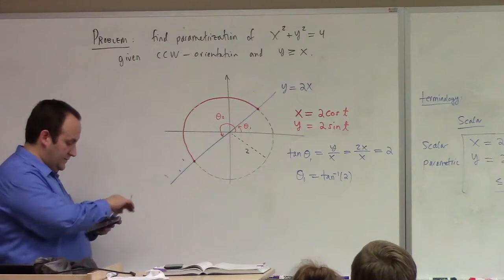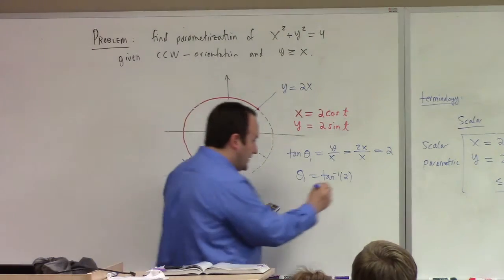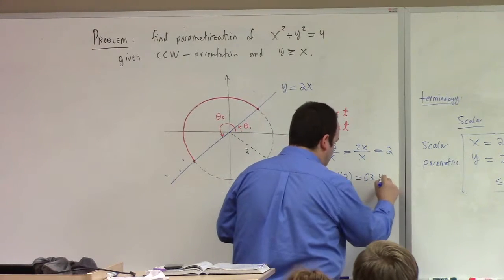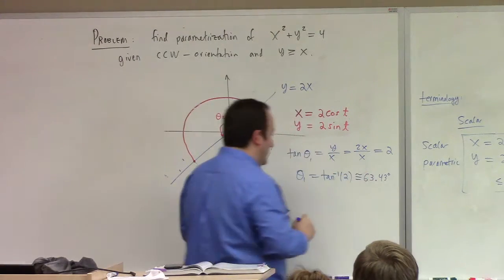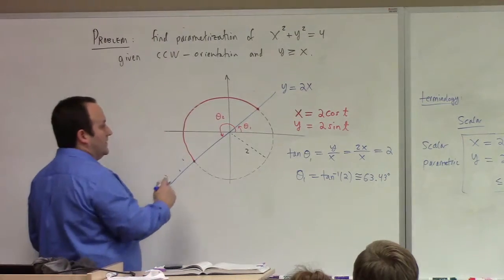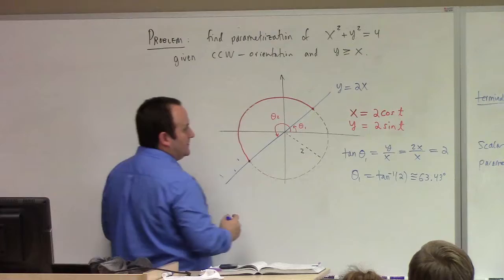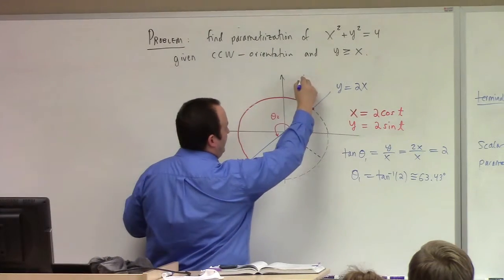In degrees, we get 63.43 degrees, approximately. And then, of course, my picture is now misleading, but I'm saying it's 2x, so fine. If you want me to adjust my picture, I guess I should do this, right?